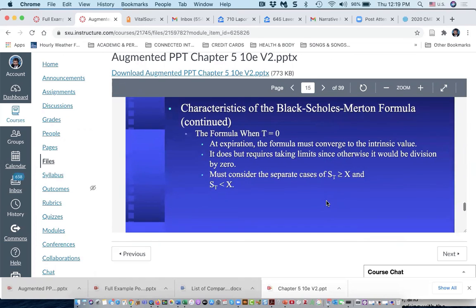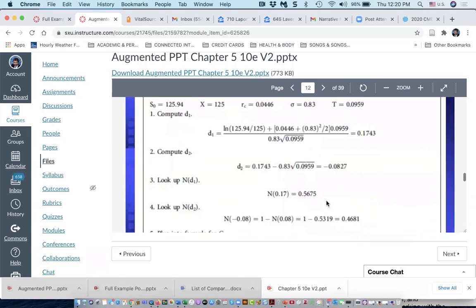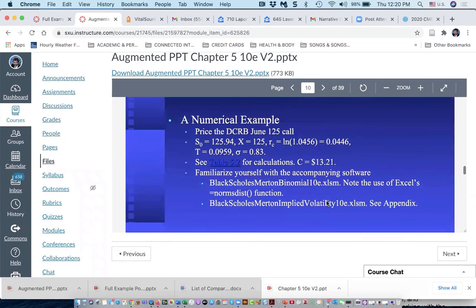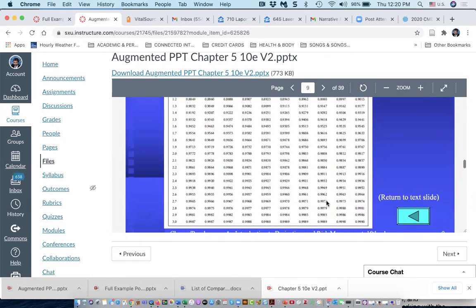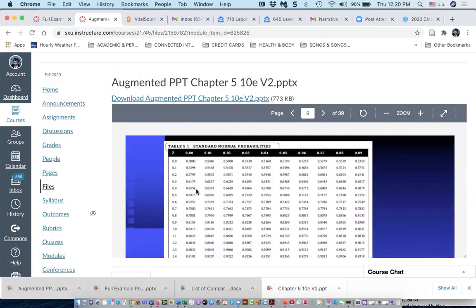The table is above it. Okay, so I need to get 0.1743, right? So first thing I get 0.1. Then I get 0.07. So that makes it 0.17. Why did I ignore 43? Because it is less than 50.